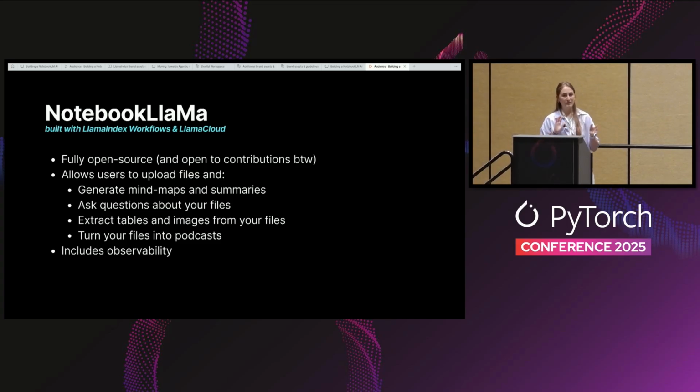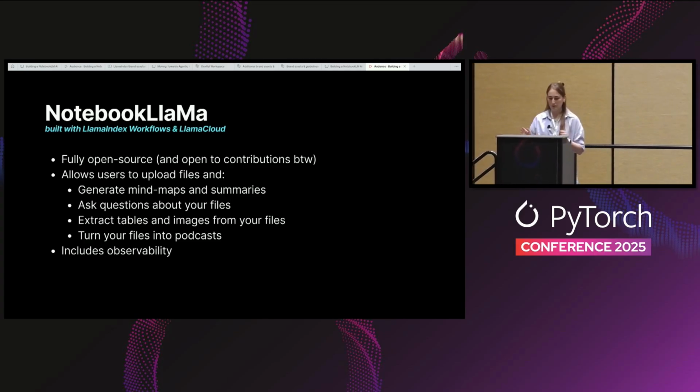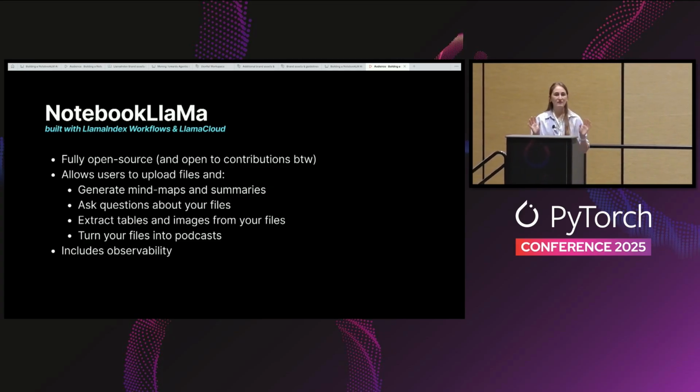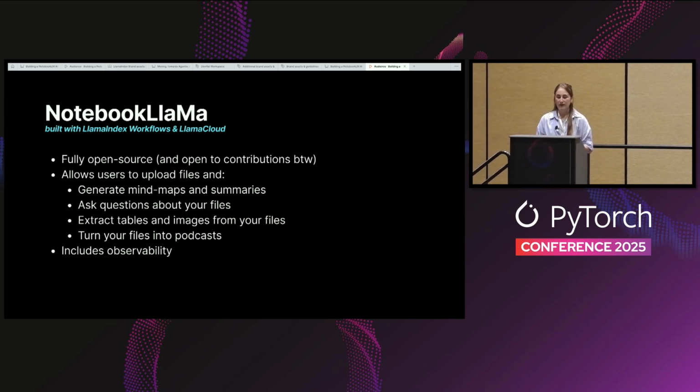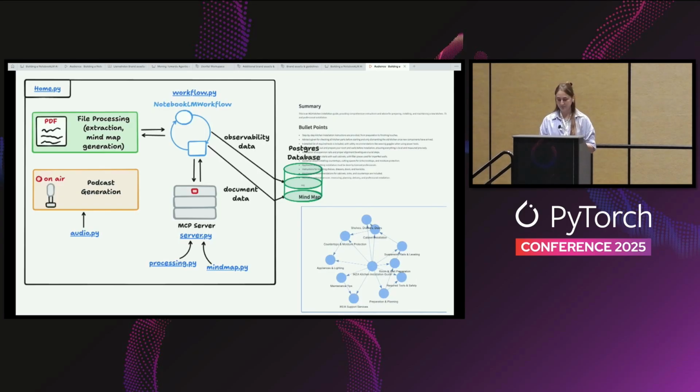We wanted to have some sort of Q&A so the user can ask questions about the document they uploaded. We wanted to make sure that tables and images were handled. And we also, and this is an addition that we made very late, very down the line, and I'm not going to be showing it, wanted to have podcasts and observability. Those were the two extras we added after our first release of NotebookLlama.